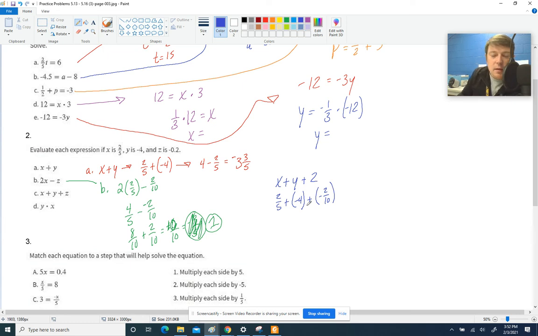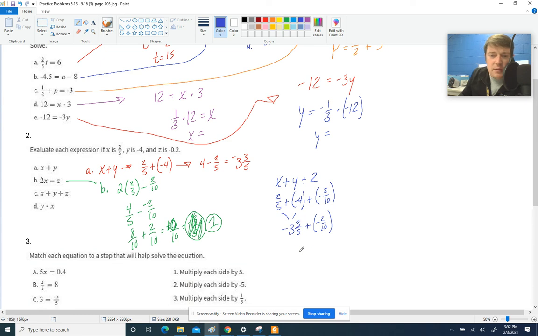Sorry about that. 2/5 plus -4 plus -2/10. We already know that this right here is -3 3/5. So really, we just have to do this math here. Same sign, so add them together.